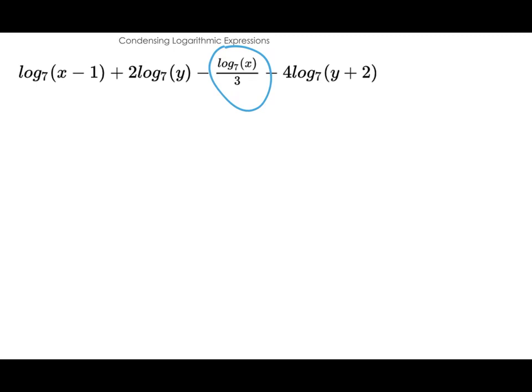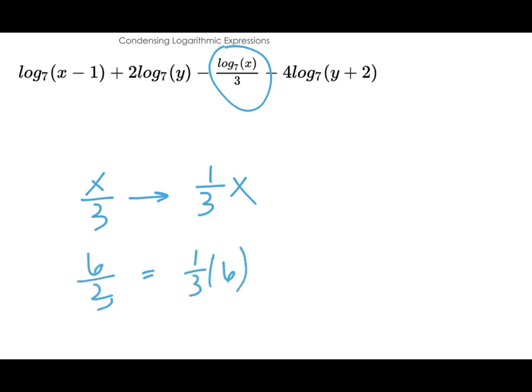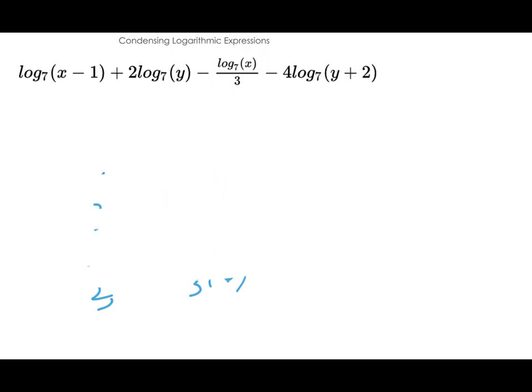So think about this. x divided by 3 is the same thing as 1/3 times x, right? 6 divided by 3 is the same thing as 1/3 times 6, right? So I'm going to rewrite that term as 1/3 times log base 7 of x.